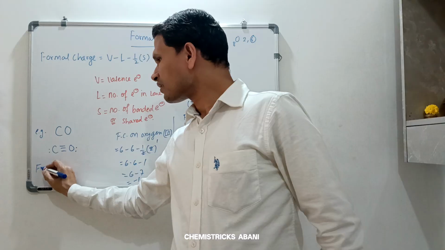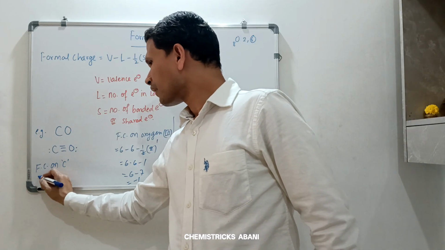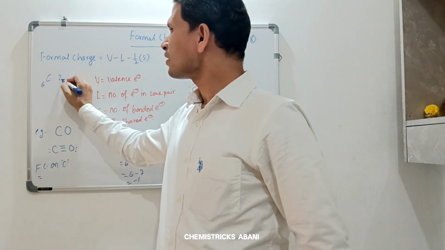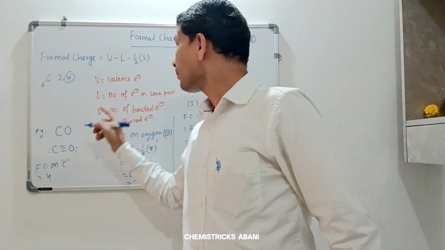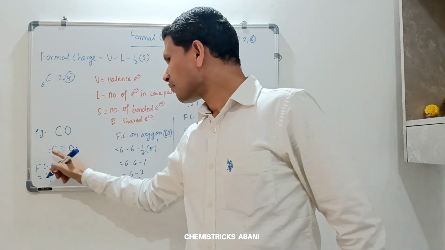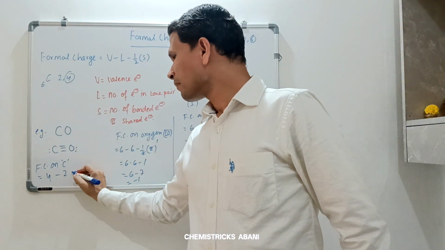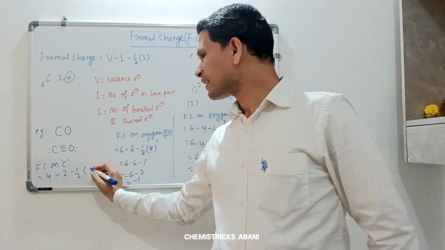So the formal charge on carbon: the atomic number of carbon is 6, so the valence electrons are 4. So I will write V as 4 and L. There is only one electron pair, so there are 2 electrons in that, minus half of, there are 3 bonds, so I will write 6.